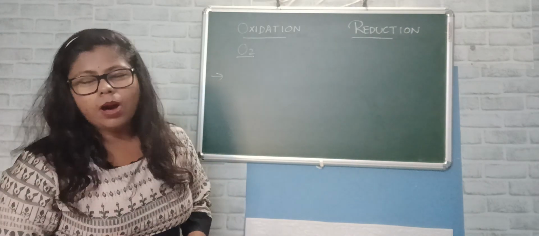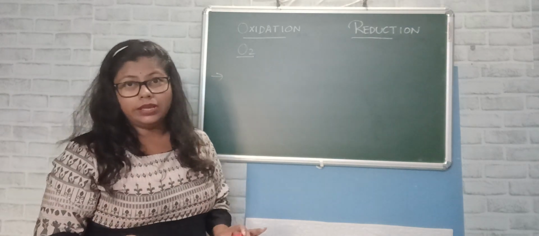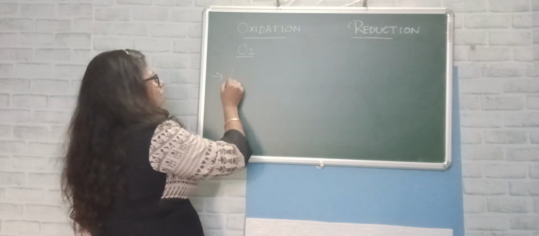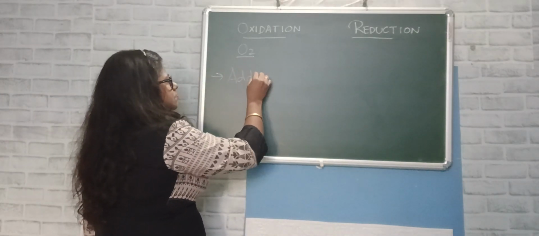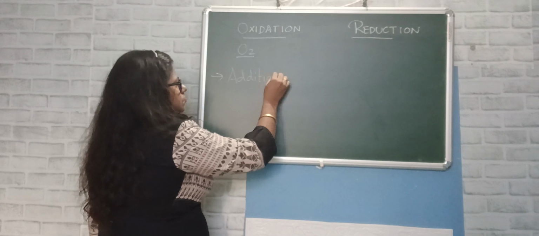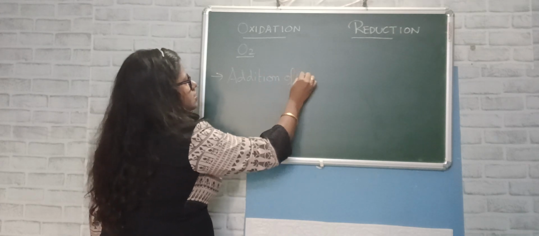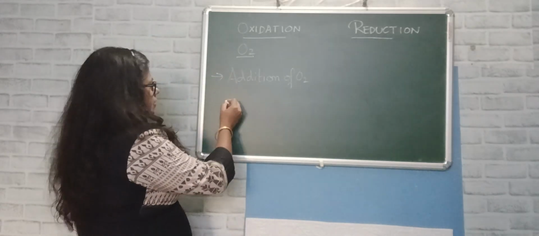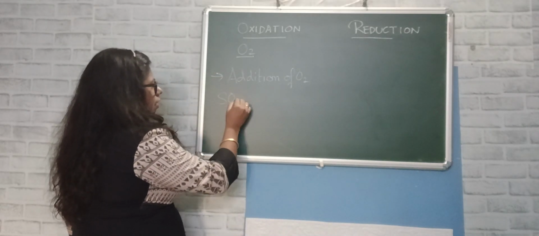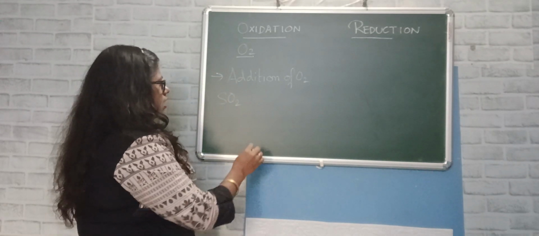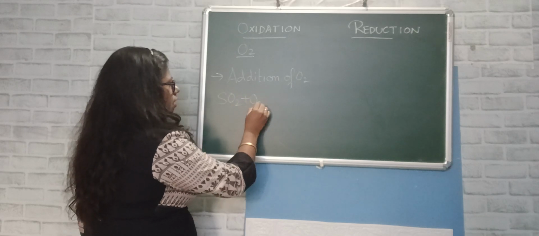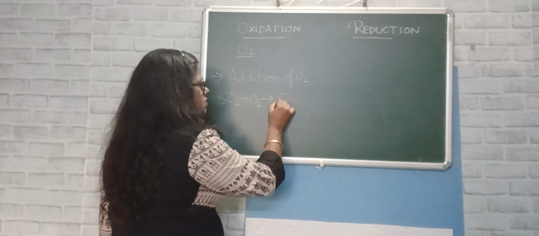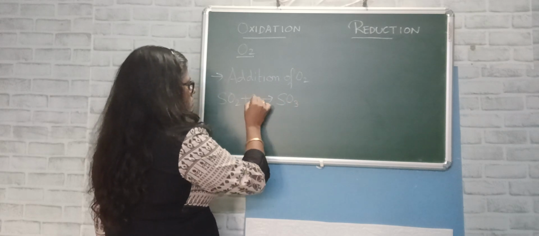Oxidation, from your very basic knowledge, you have an idea that oxidation is the addition of oxygen. As the name suggests, it is the addition of oxygen. Like, I was having sulfur dioxide, it reacts with oxygen to give sulfur trioxide.